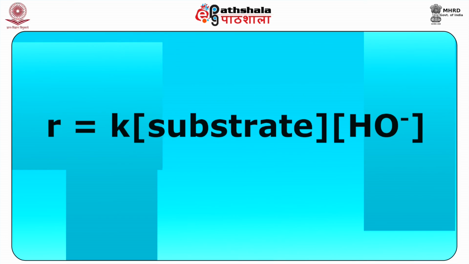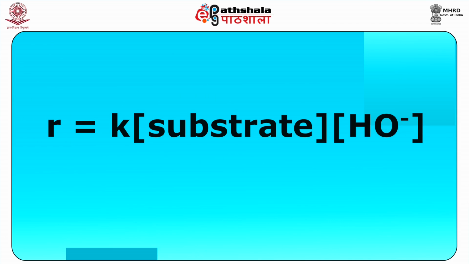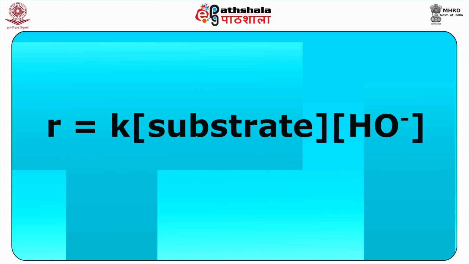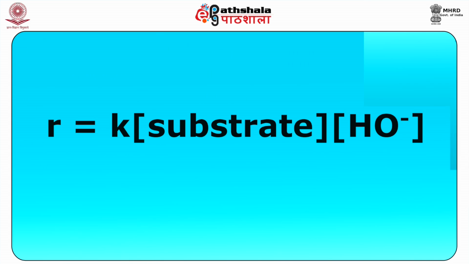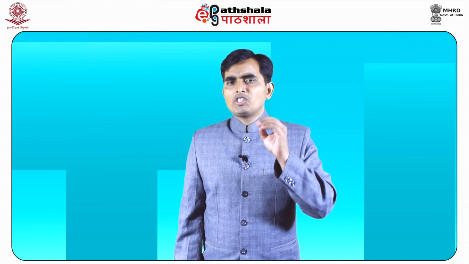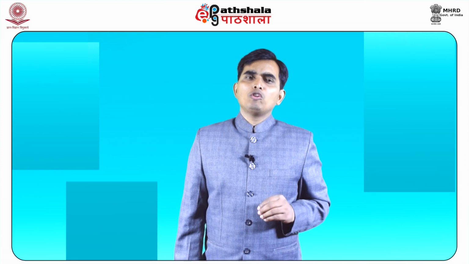Base hydrolysis is an overall second order reaction, being first order with respect to the complex ion and with respect to the hydroxyl ion. The rate is therefore represented as R equals K into concentration of substrate into concentration of OH−.